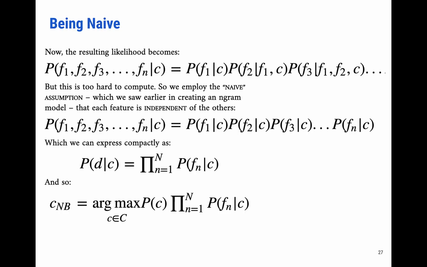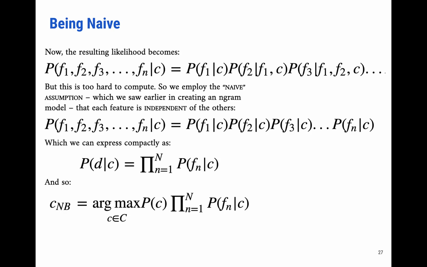All we're worried about is the probability of the word and the category in each case. So that's the naive assumption: we drop out the results of the product rule, and we end up with this simpler equation to compute based on this independence assumption.